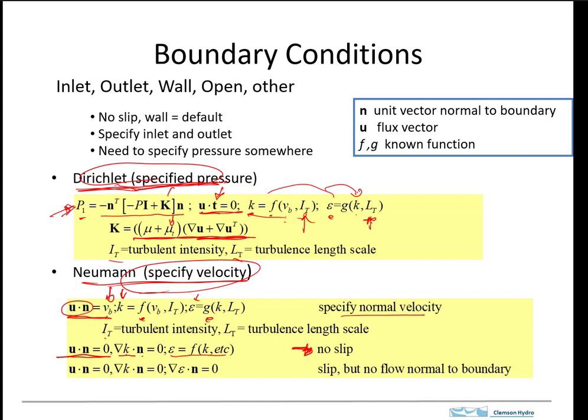And if we have slip at the boundary, this will be a possible condition. It will require that the flow normal to the boundary is 0, but it's possible for there to be slip, and we have some conditions for that. Okay, so the velocities at the boundary are a bit more complicated.